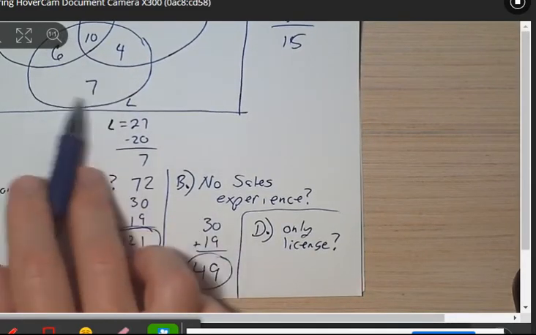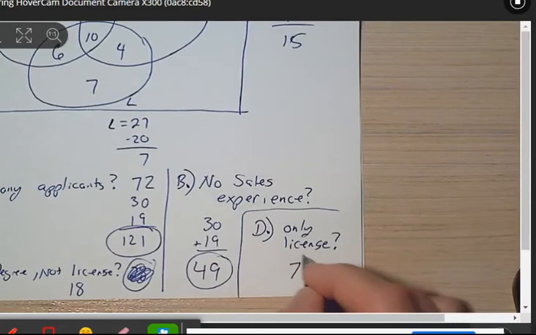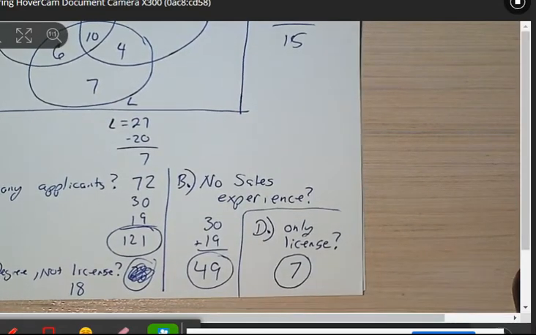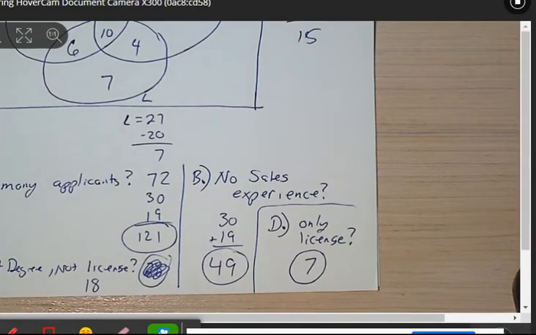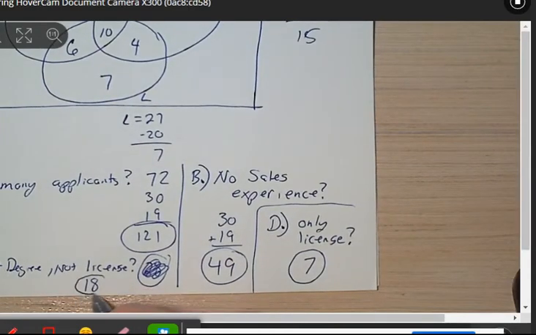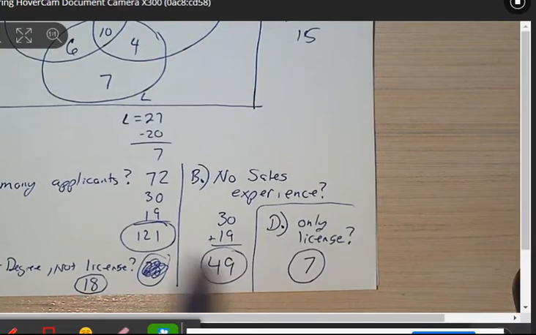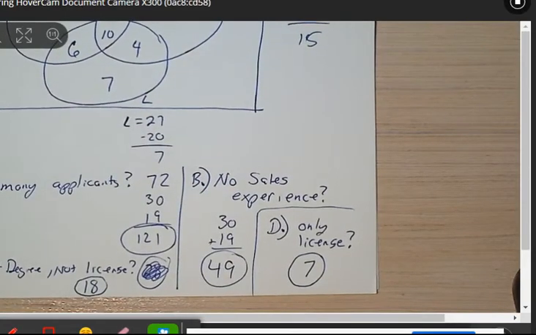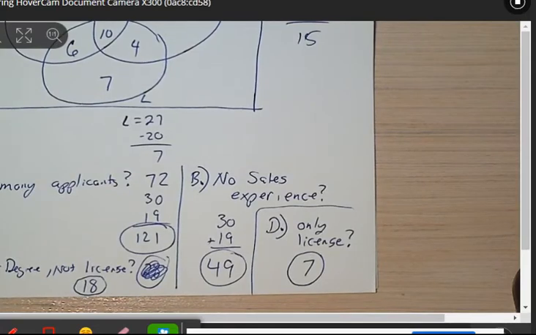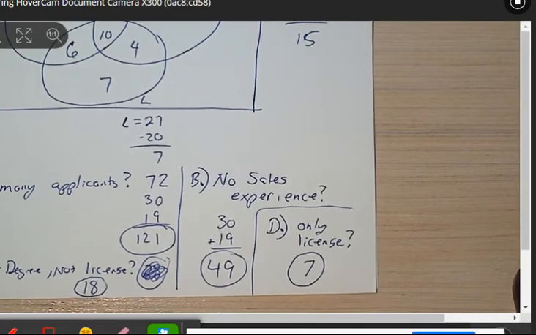The only people that had just a license, there were 7. Okay, so all these questions that we had here, basically you got to go back and just pick through the numbers that's in the Venn diagram. And sorry about that one little mistake there.